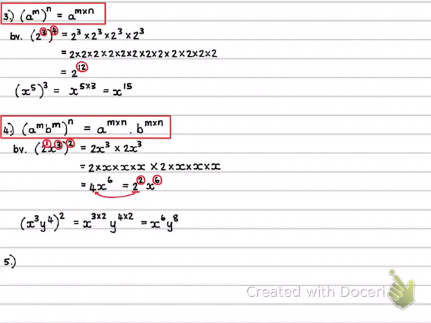Number 5. So this is now going to be the last exponential law that we are going to do. And it's again based off of exponential law number 3 and number 4. But now we are just going to speak about division.